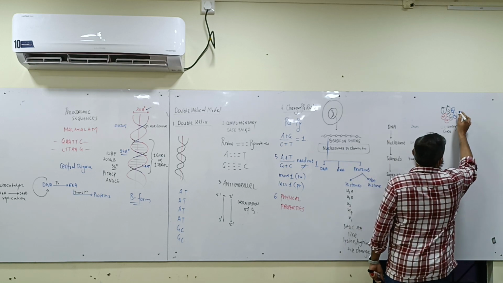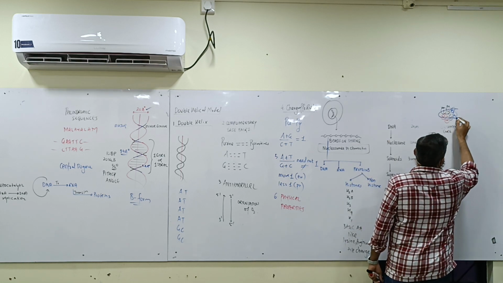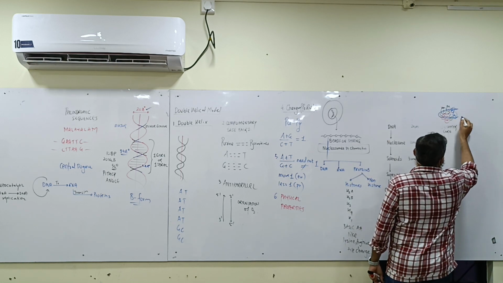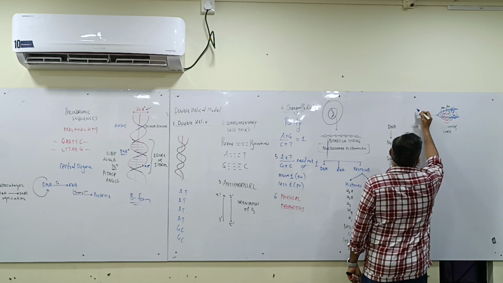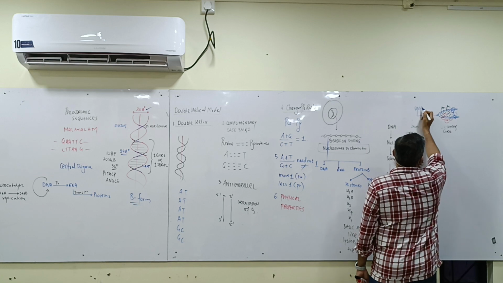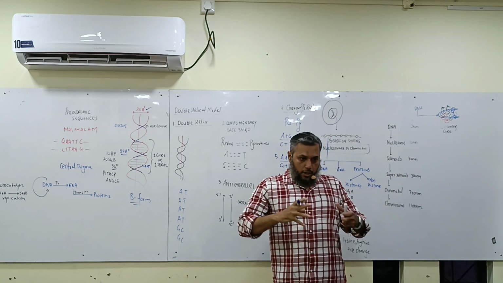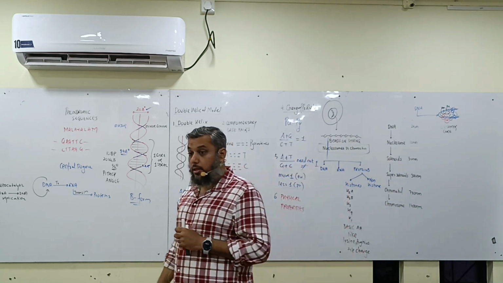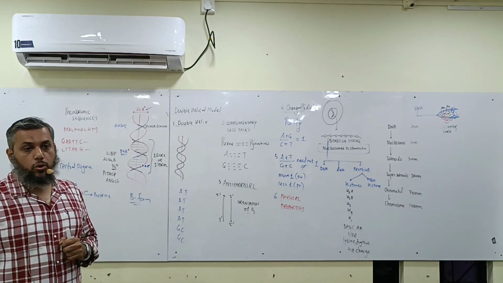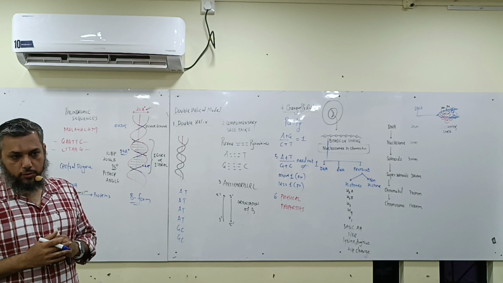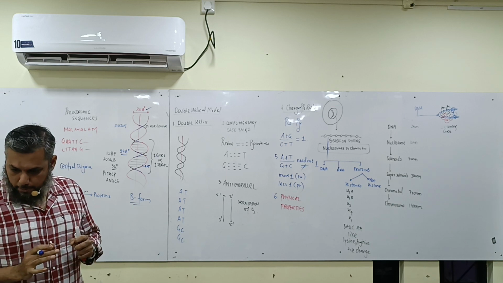And on this octamer core, you have the DNA molecule wrapped around. A negatively charged DNA wrapped around tightly across a positively charged histone protein core. Understood?